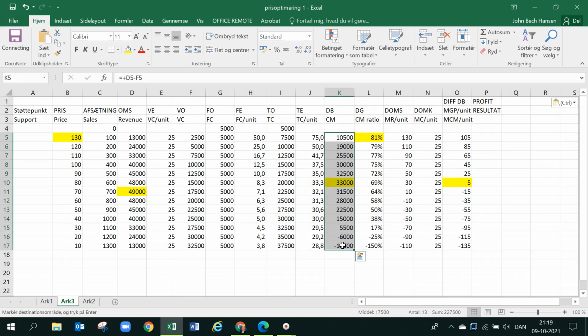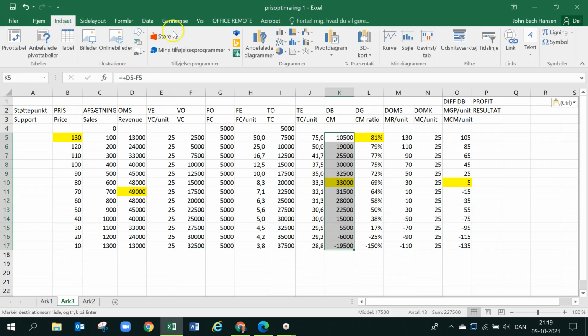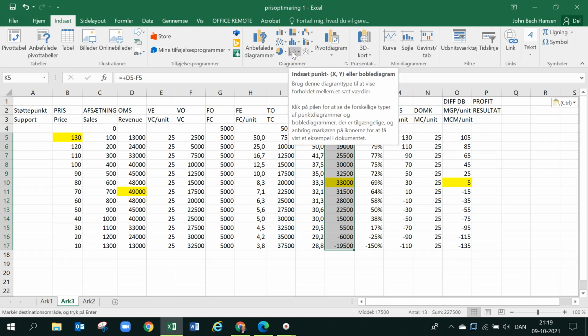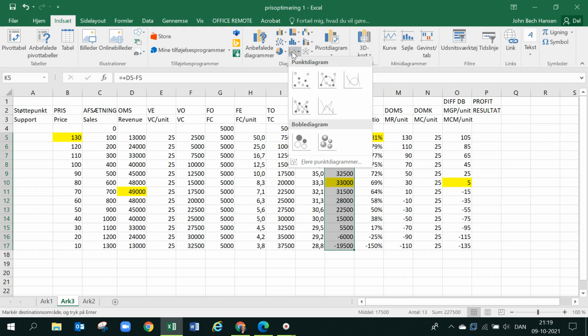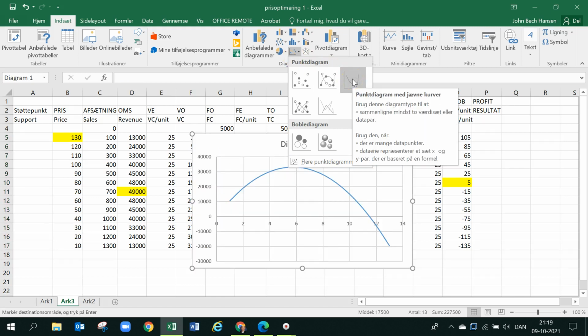Take this one here, and then I say insert, and I will take an XY diagram, and in this case I think I will take this one up here because it's a bending curve.